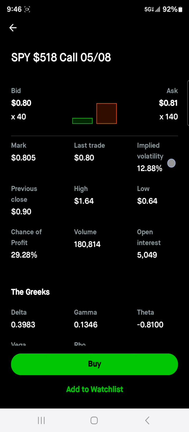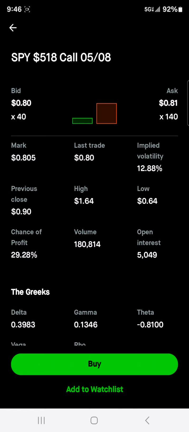The implied volatility here in the corner, that's how much interest is in that at the moment. Of course, when the market closed, there's no price action going on with options, so it's not a whole lot of anticipated movement right now. Down here, your chance of profit is telling you this option has a 29% chance of profiting.